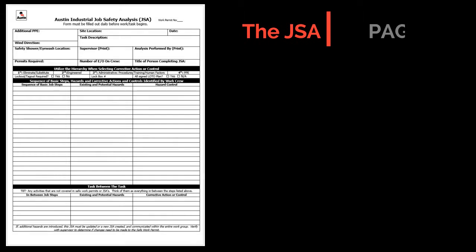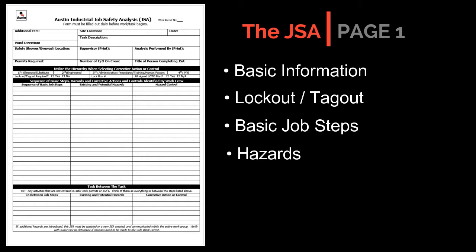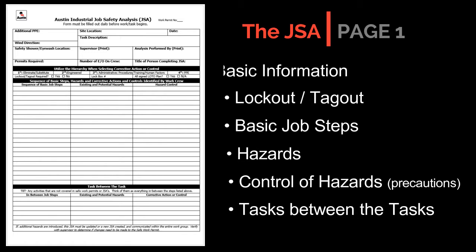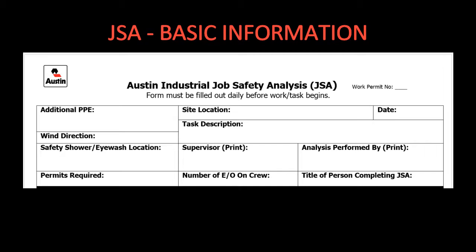Page 1 of the JSA form contains basic information such as lockout tagout information, basic job steps, hazards, mitigation of hazards, and tasks between the tasks. The first section is to write down the basic information about the job that you are going to be performing.